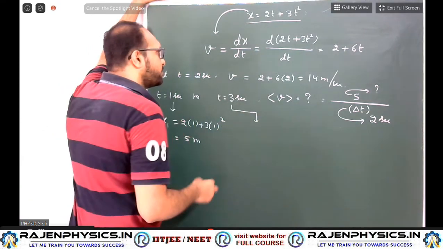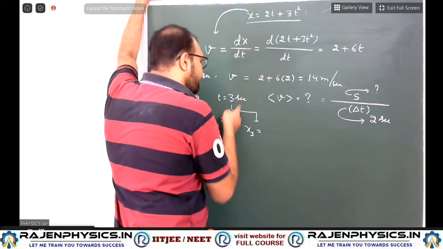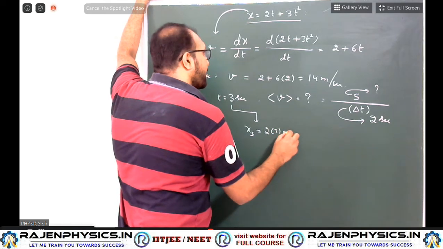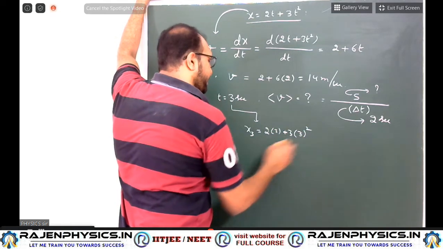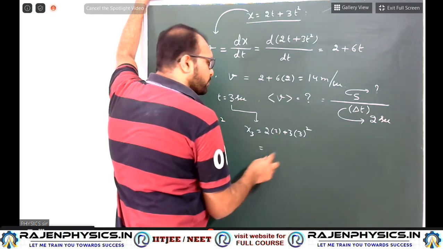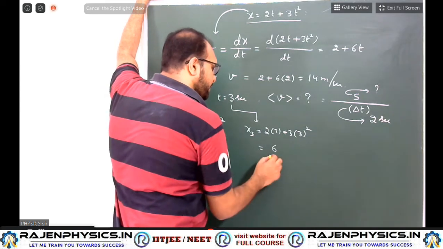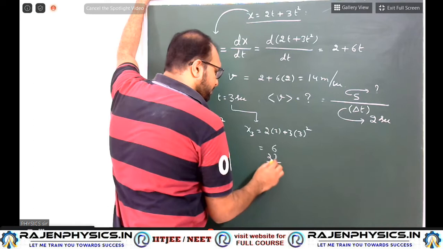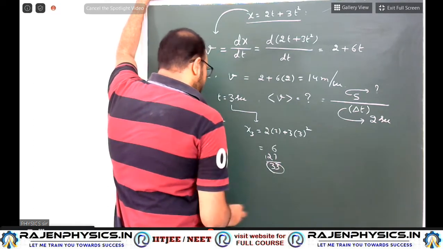Same for t equal to 3 seconds, x3: the position at the third second is 2 into 3 plus 3 into 3 square. 2 into 3 is 6, 3 square is 9, 9 into 3 is 27. 27 plus 6, 33.